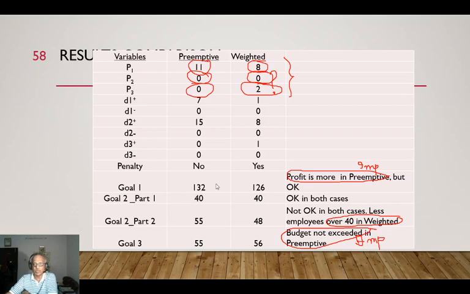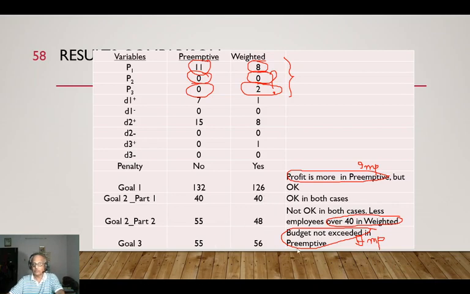Preemptive method is 132, and employment level over 40 in weighted method. Not okay in both the cases when it comes to overemployment. And here it is 55 plus, that means 15 more, whereas here 8 employees more.